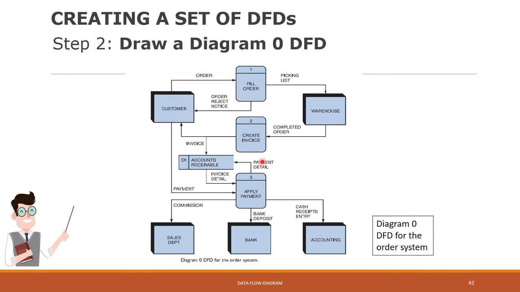When you create a data flow diagram 0, it zooms in on the system and shows major internal processes, data flows and data stores. When you expand the context diagram into diagram 0, you must retain all the connections that data flow into and out of the process. As you can see here, the same entities are used.